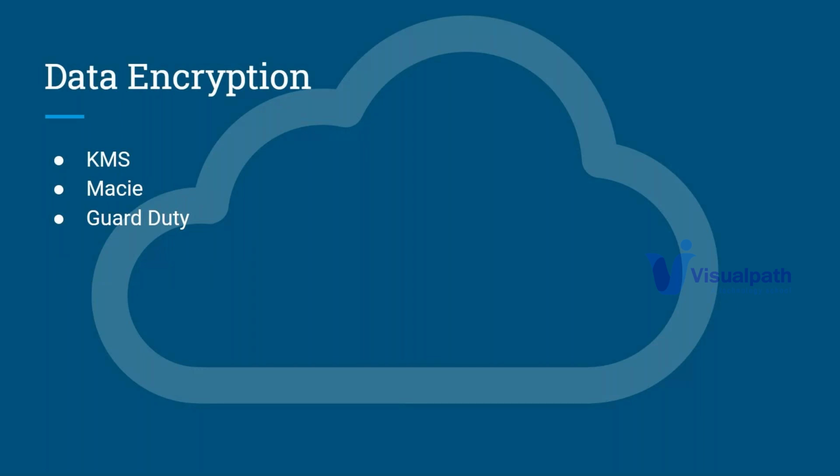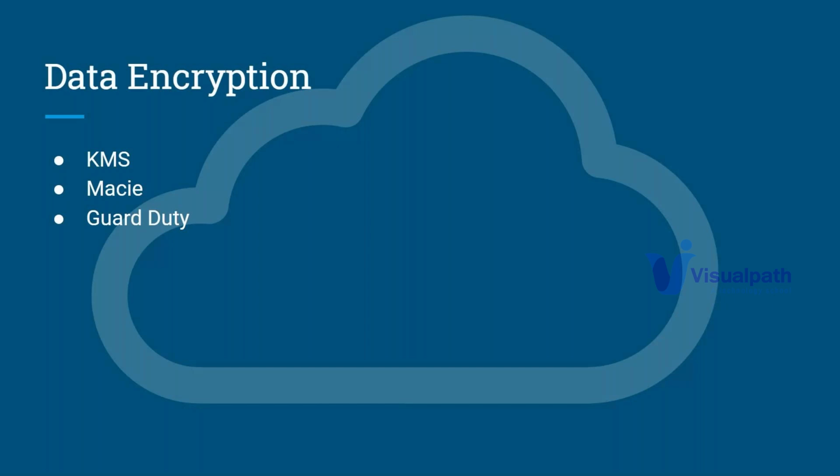And as we discussed earlier, we have some security services provided by AWS: KMS, Macie, and GuardDuty. KMS is nothing but a key generator. We will be generating a key and using that as the encryption key for folders.